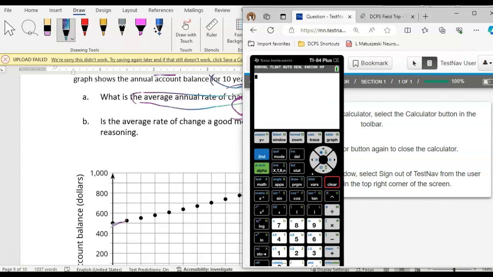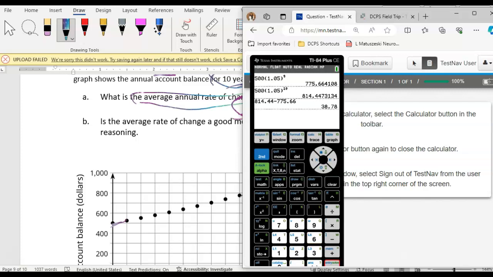So if we were to look at 500 times 1.05 to the power of 9, that's the 9th year, right? And then 500 times 1.05 to the power of 10, that's the 10th year. The difference here is 814.44 minus 775.66.